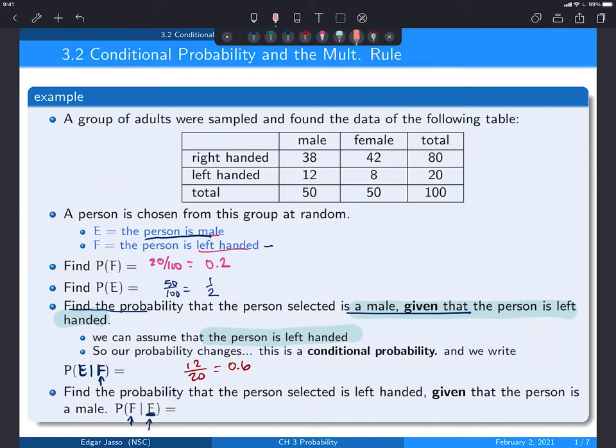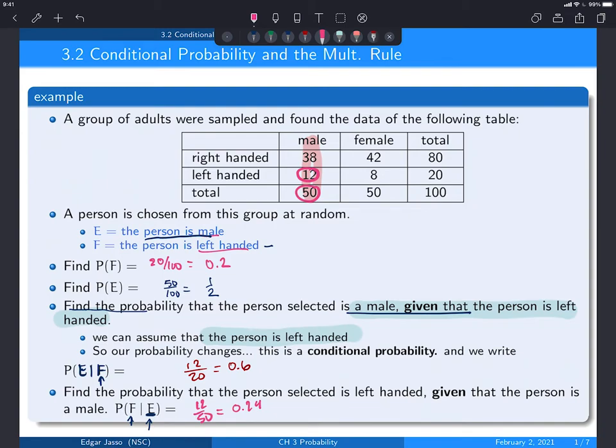So the given part now is that it's a male. Find the probability of F, which is a person that's left-handed. So now I'm looking at 12, but divided by 50. Right? So it's 24 over 100, something like that. Okay. So we are just reading these from a table.